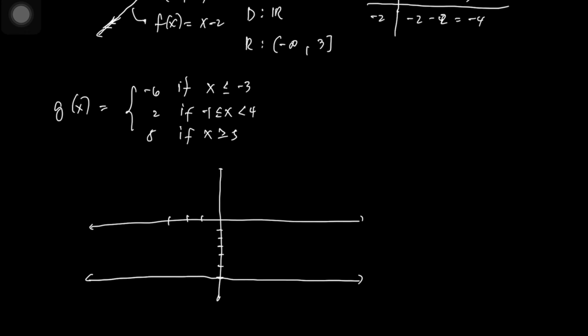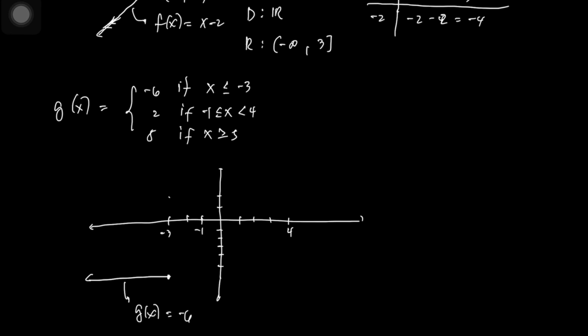So we will start from here, at -3. This is g of x equals -6. Then next, between -1 and 4, it's 2.